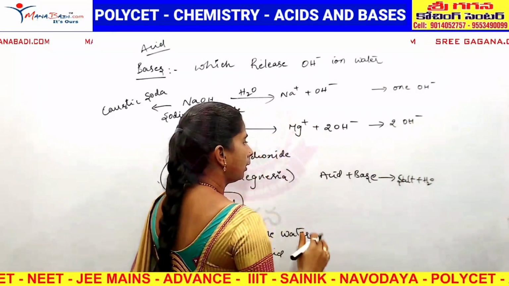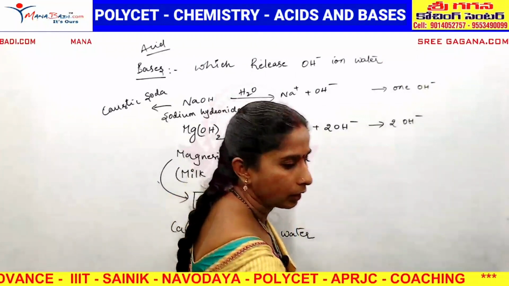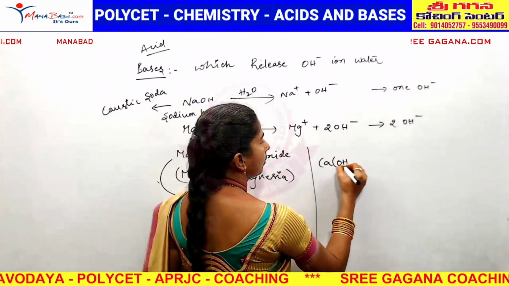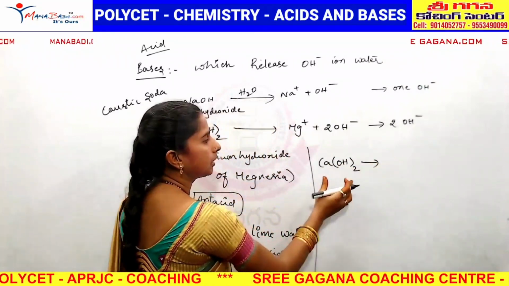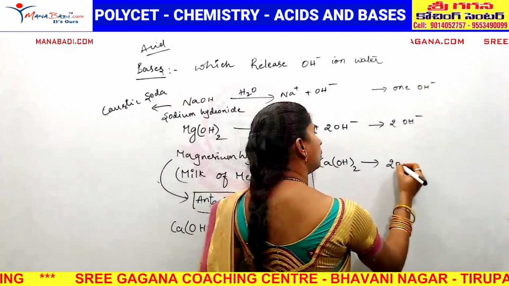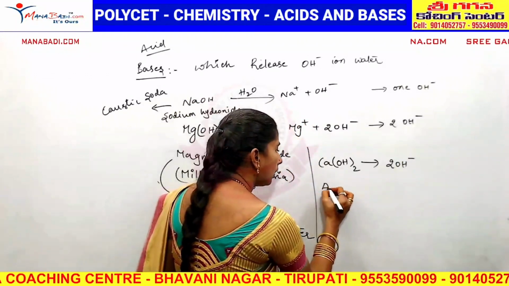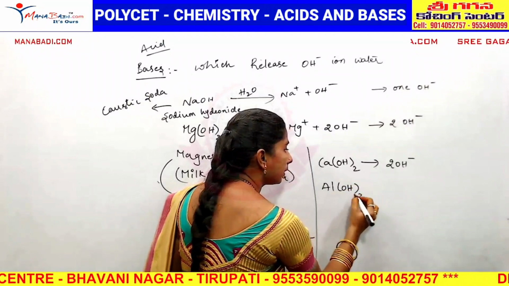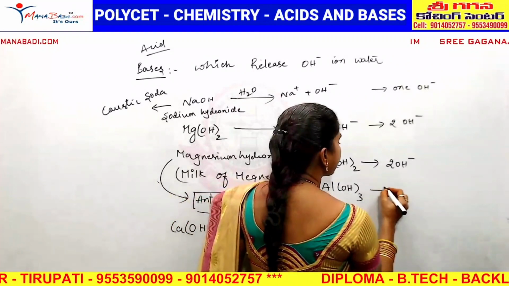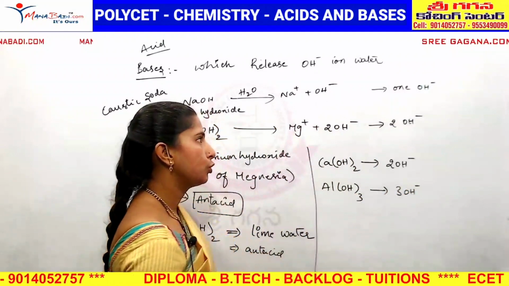From Ca(OH)2, two OH minus ions can be released. Al(OH)3, aluminium hydroxide, is able to release three OH minus ions.